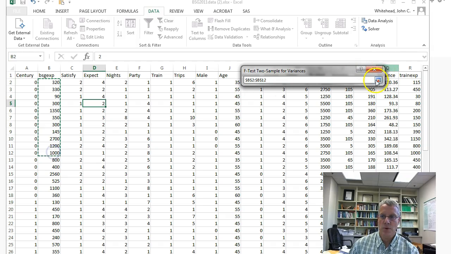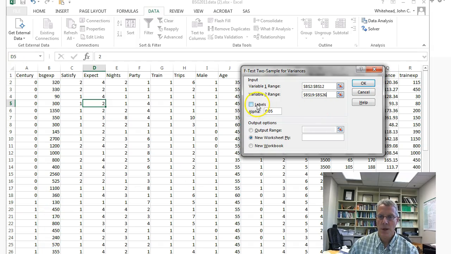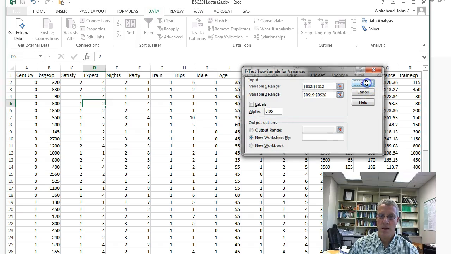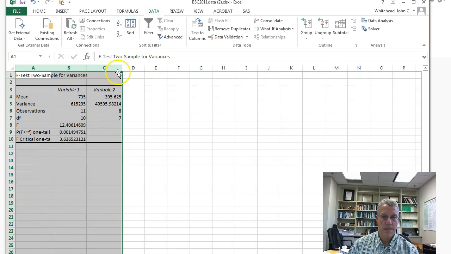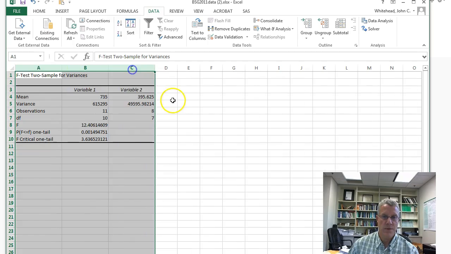So 10 people who rode the 50-mile route, and then 8 people who rode the 100-mile route. I don't have labels, and so I just need to click OK. And so here is the F-test for differences in variances.